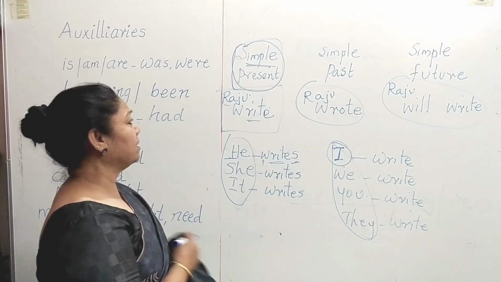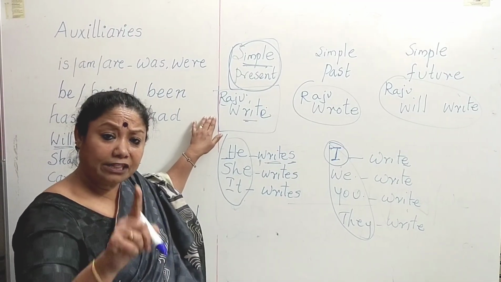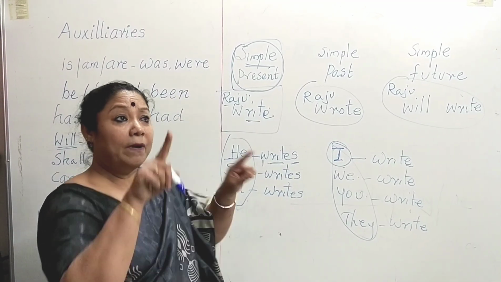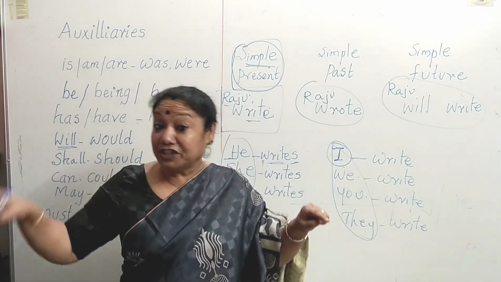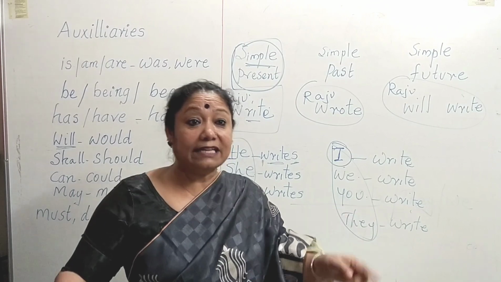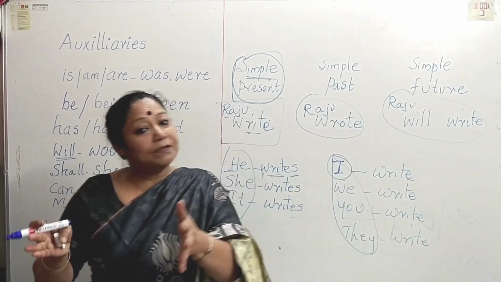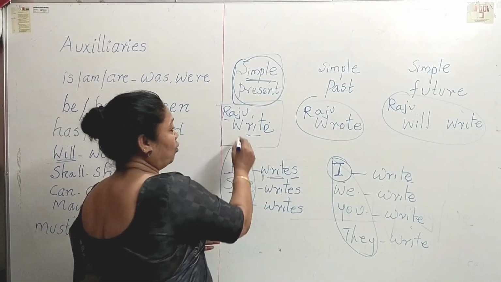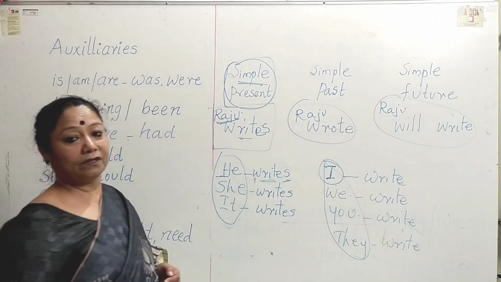So, going back to simple present tense. Simple present tense is nothing but the first form of the verb. Now, the first form of the verb has two phases. One is with S, another is without S. Where do we use S? With singular subject person, we use S. And with plural subject person, we don't use S. So here, Raju is a singular subject person, writes.